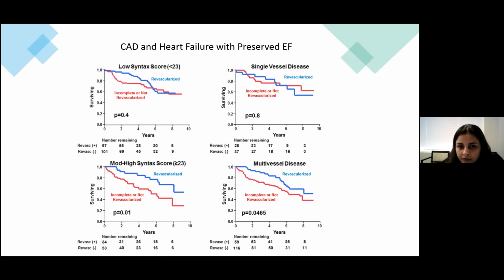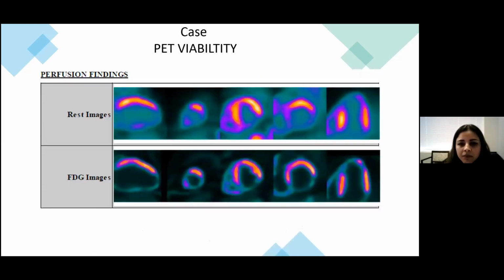Now, coming back to our poll and what we talked about in that question, I think the viability testing was more appropriate. This is the PET scan on that patient.